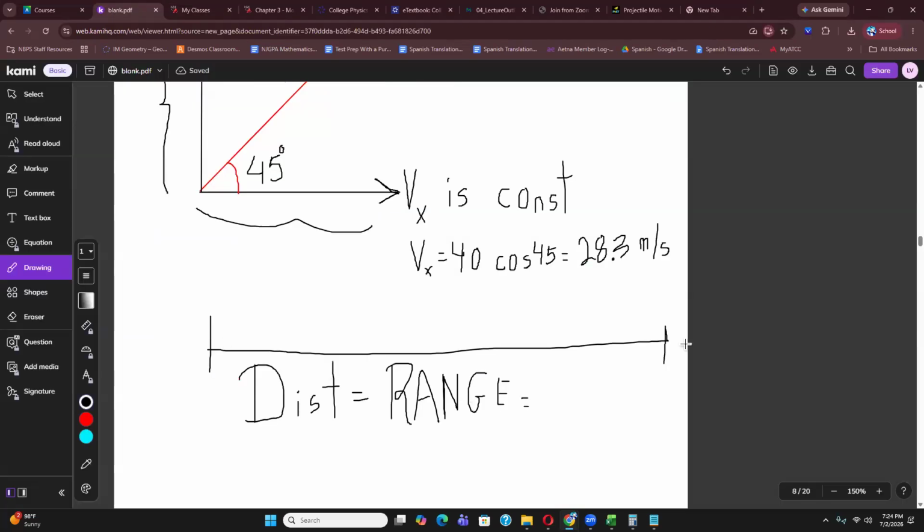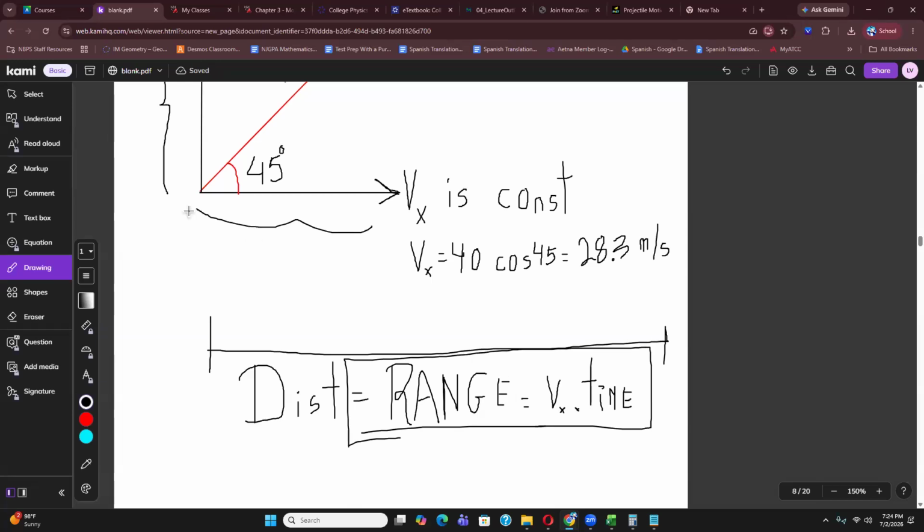They call it the range. The range is Vx times some given time, the time the projectile takes to go up and down. Okay, it's the time of motion. So we use this equation for range.